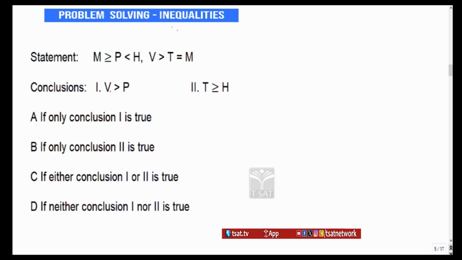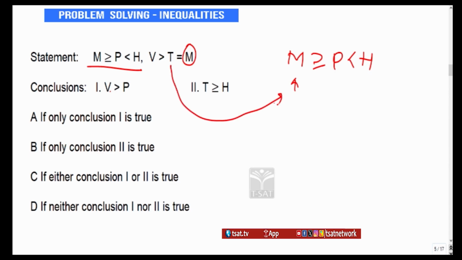See here, directly I am writing this statement 1. M greater than or equal P less than H. See here, where is M? M is here. So you have to start from here. So you write this particular statement from here onwards. So let's see this one. What the statement is saying?